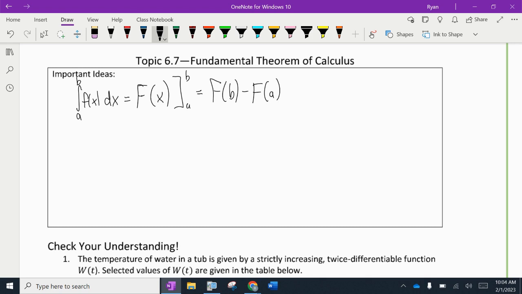So what do you think of the relationship between capital F and lowercase f? Capital F prime of x is equal to lowercase f of x. Capital F is called the antiderivative or integral of the original.